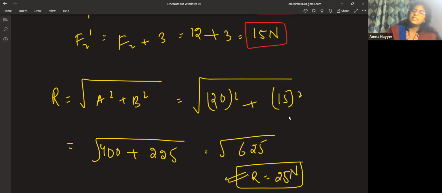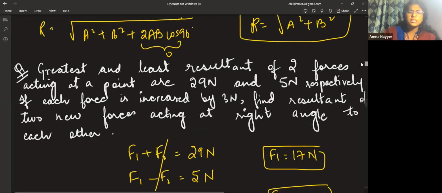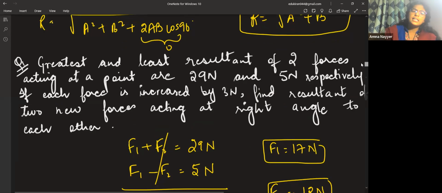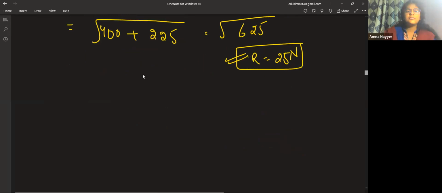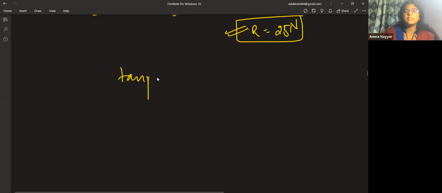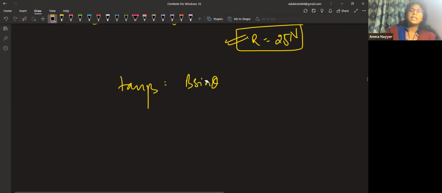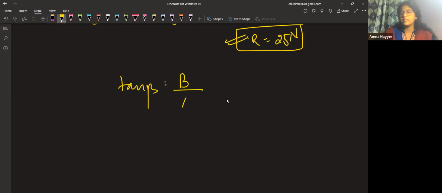Clear? This is the magnitude of the resultant. We only had to find the resultant, no? They are acting at right angle to each other. Further, for the angle part, you can write B sine 90. I have told you directly, here cos theta will be 0, so this becomes B divided by A in this 90 degrees case.